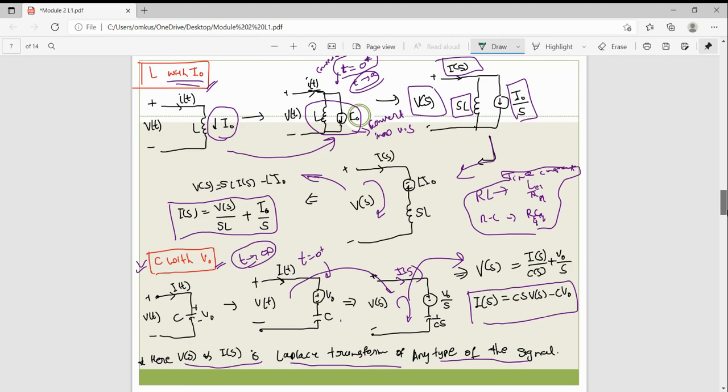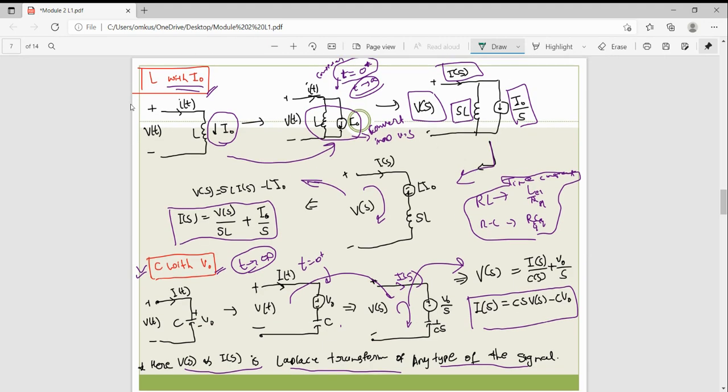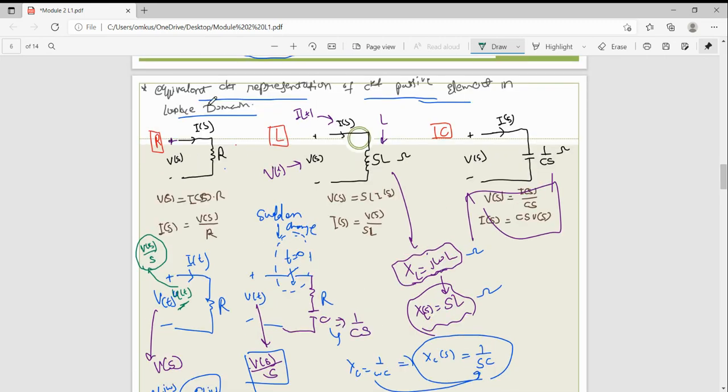Now see, there are some functions. For the resistive element, no change for resistance, and the rest of the thing is replaced in terms of v of s and I of s. You can use Ohm's law for finding I of s.